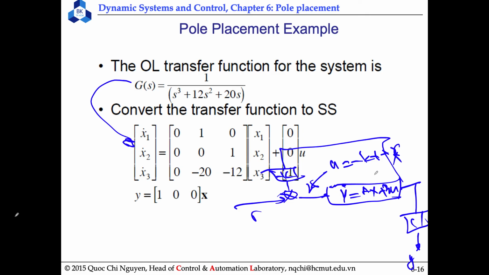And we have to find k, right? To find the k, we have to find the new characteristic equation of the system after adding the new controller. And first of all, we have the transformation from transfer function to the state model like this.